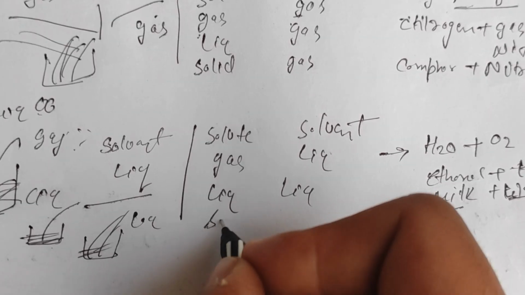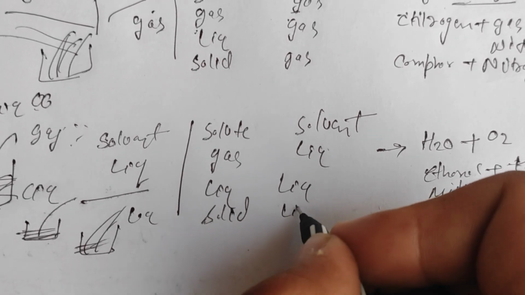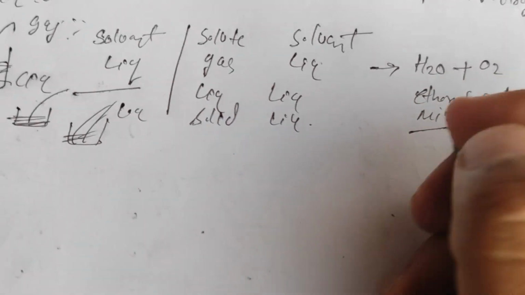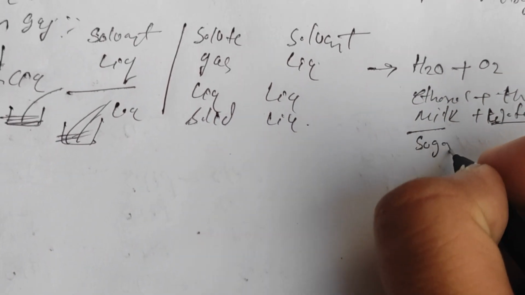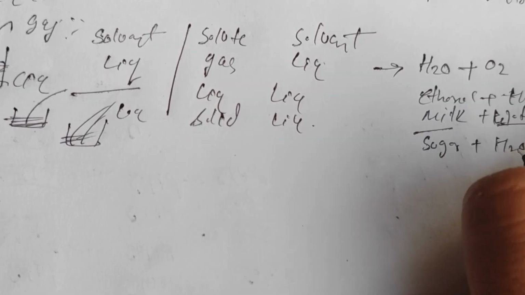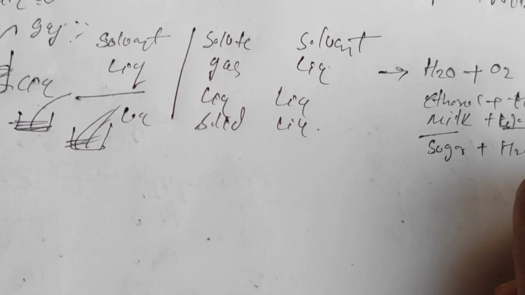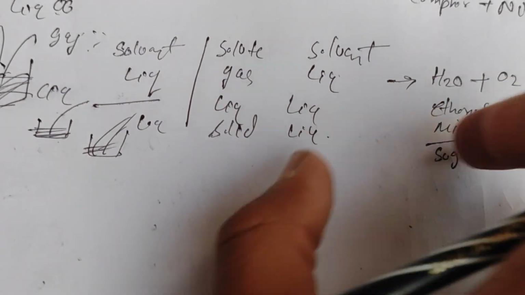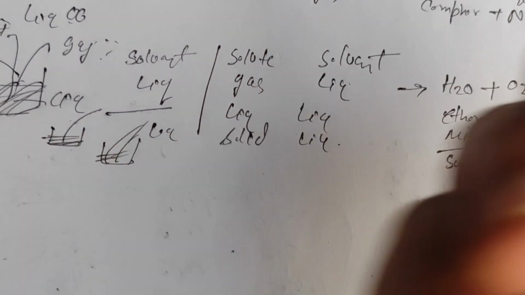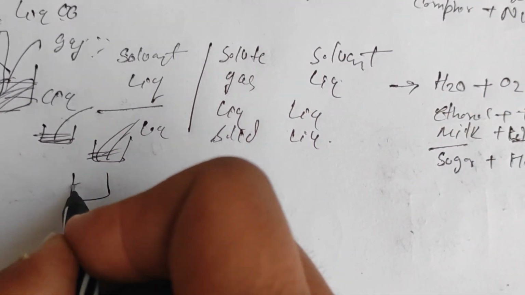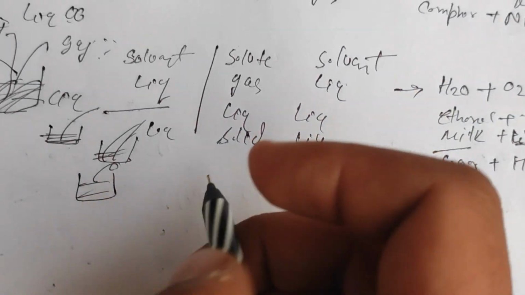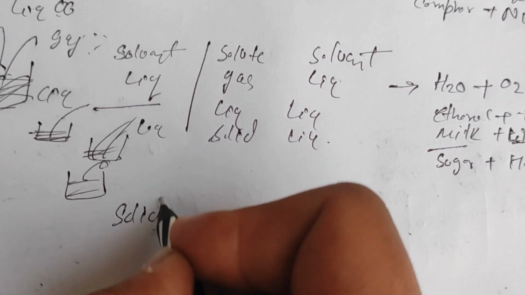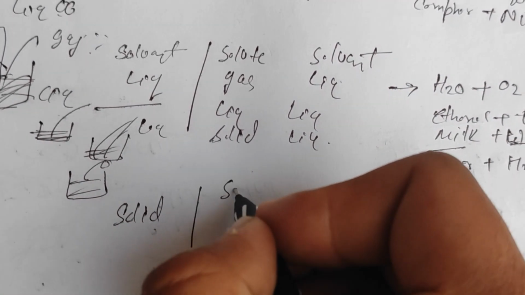Then solid as solute with a liquid solvent, for example sugar in water or milk. We add some sugar to the liquid for better taste.